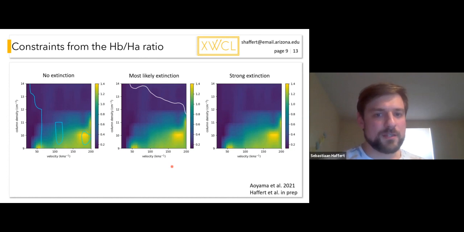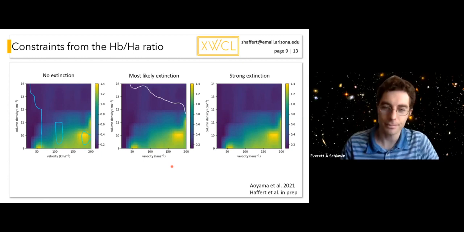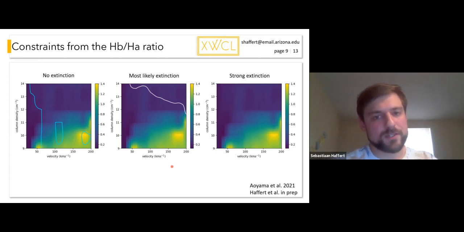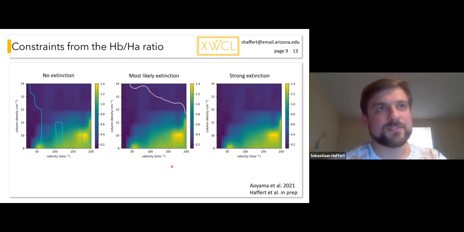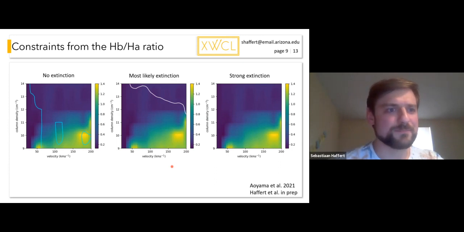However, the intrinsic width of the lines is about a resolving power of 15,000. So you need a spectral resolution of about 20 kilometers per second to detect that, and MUSE has a velocity resolution of about 120 kilometers per second. So it's a factor of 6 too low to detect this well.